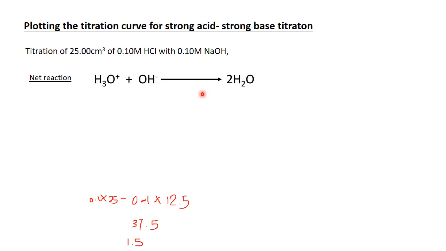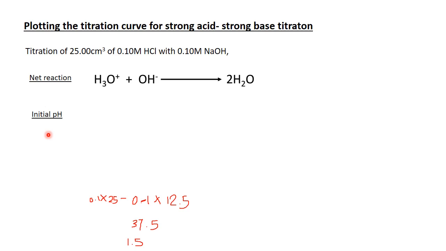Now at the very beginning we have the initial pH. So now we are going to calculate this initial pH. At the very beginning, only the 0.10 M HCl, 25 cubic centimeters, is in the titration flask.